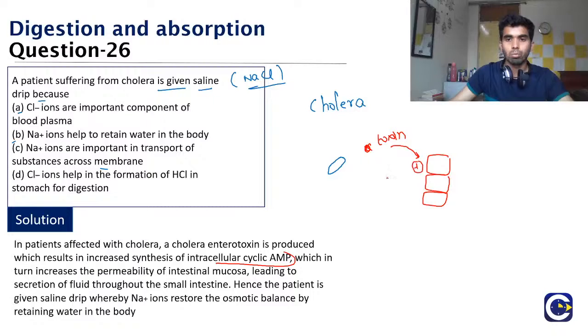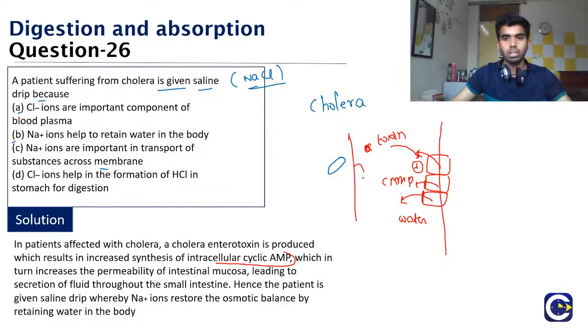Because of this cyclic AMP, the membrane of this enterocyte becomes permeable to water, and that is why excess water comes out from the enterocyte, and the person secretes a large amount of water inside the alimentary canal.